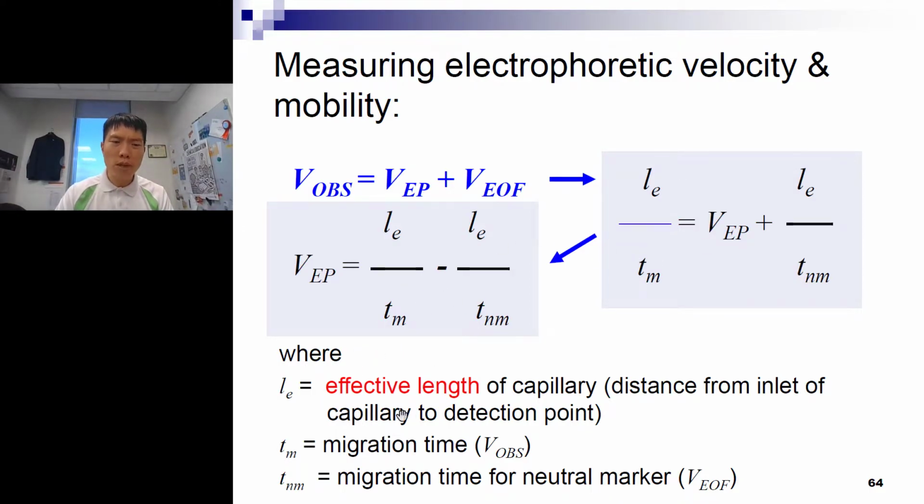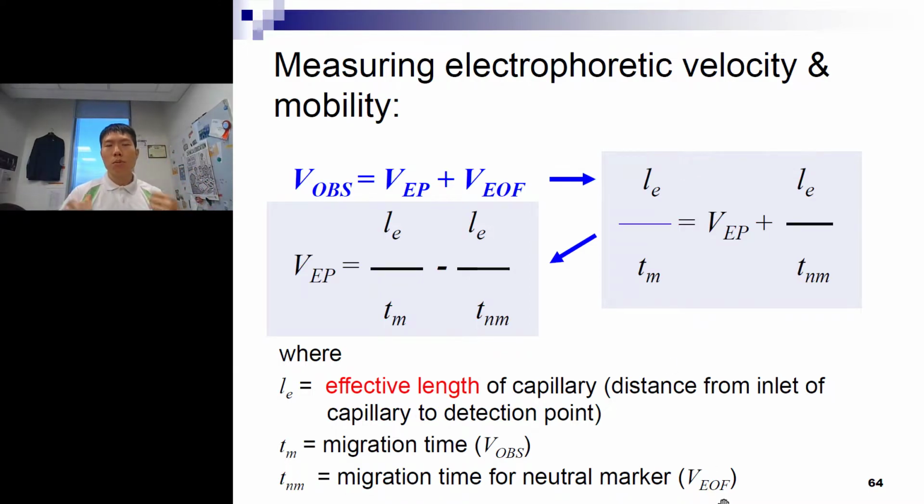Just note what is your LE, the effective length of the capillary. And remember, it's not the whole length you dip inside the inlet and outlet. It is the length from the inlet where we do an injection to the detection point of the detector. And then migration time is your TM, and TNM is the migration time for the neutral marker that doesn't move, doesn't change. It's a reference point.